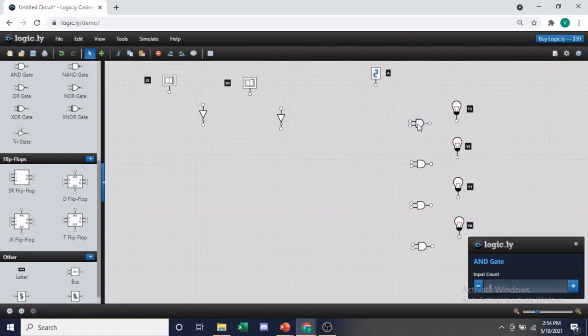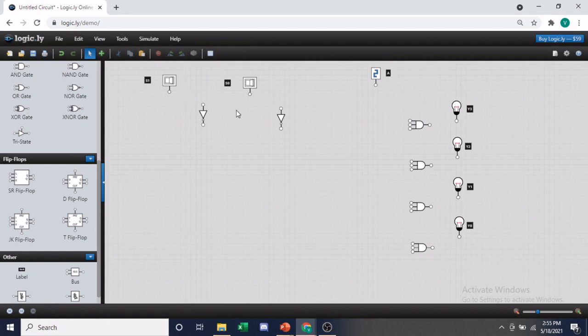And every AND gate is increased with three inputs, since we have three input lines in every case. So first, the combination for Y3, we have both S0 and S1 as directly 1. So we are connecting it directly, that is without crossing the NOT gate.